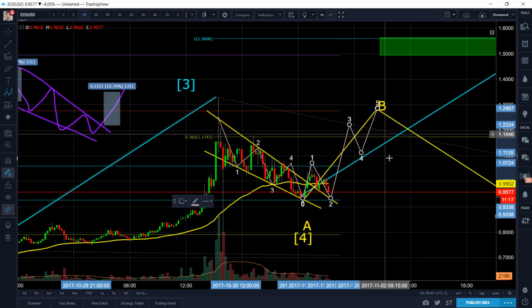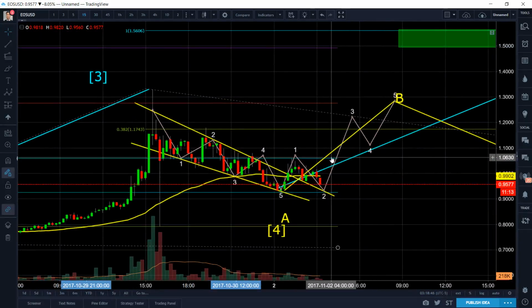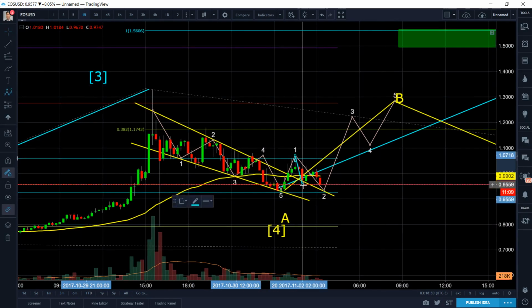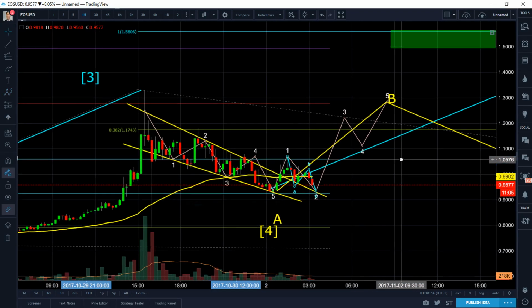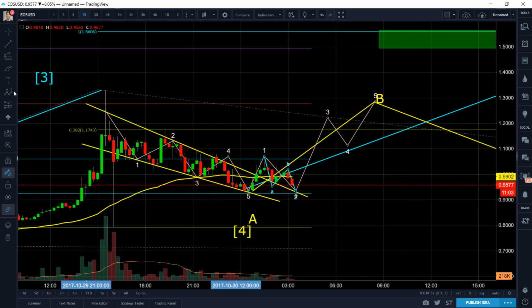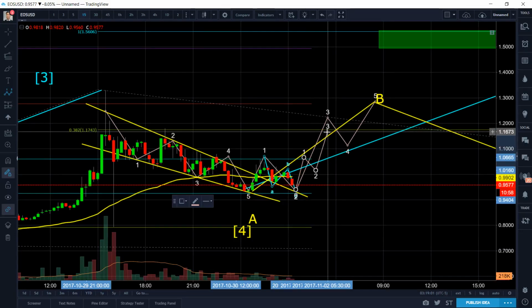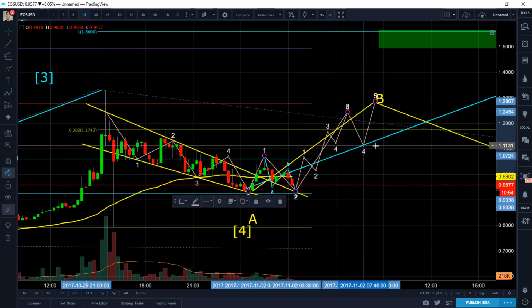So we're actually going to get 1, okay, 2, something like this, I'm guessing, off of the resistance line, 3, and 4, and 5. So a lot of people are really worried right now, but as a professional trader, I know that I'm not too worried because this is the count. A, B, guys, C. Following with me? Right? And then this one here should have 5 waves going up, 3, 4, and 5. Let's move it over just to make it better on the time frames here.